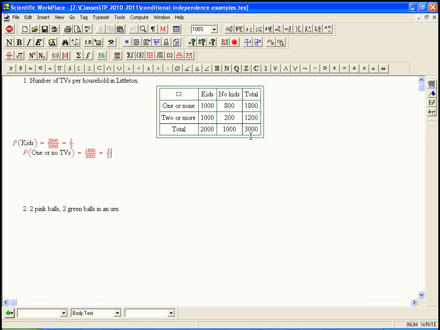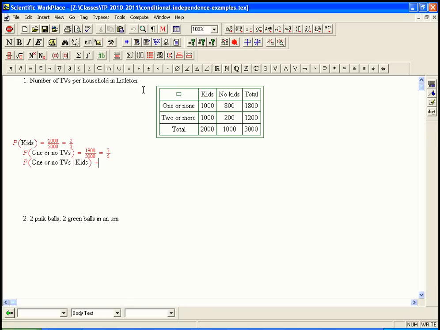Okay. Then let's do some conditional probabilities. What's the probability that you have one or no TVs, given that you have kids.